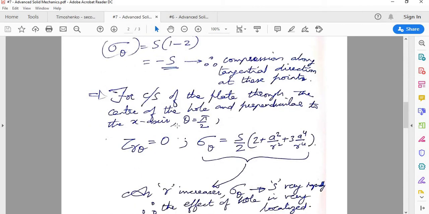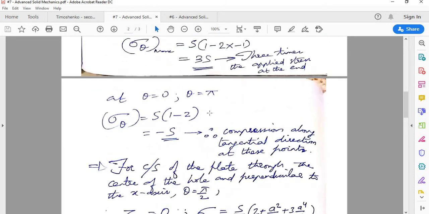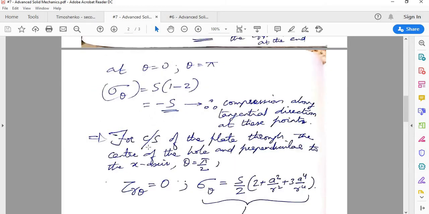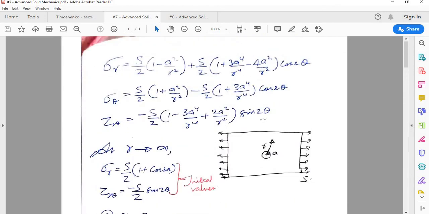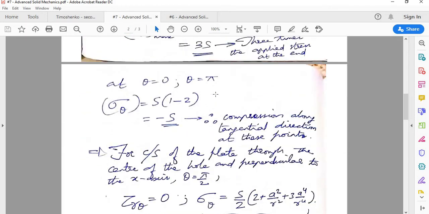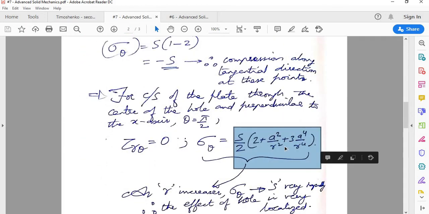Now let us do more interpretation of this. Sigma theta at pi by 2, the general expression is this. What we do is we go back to the original expression for sigma theta and substitute pi by 2, and you will get this particular expression.